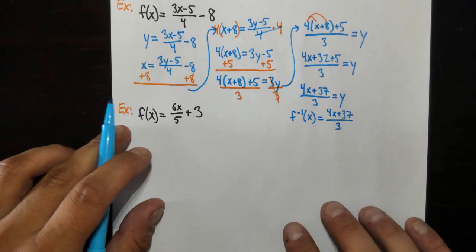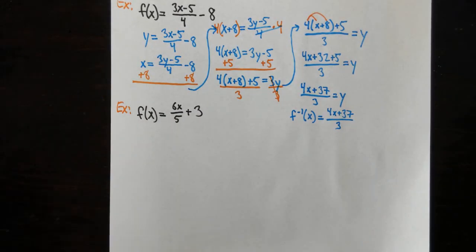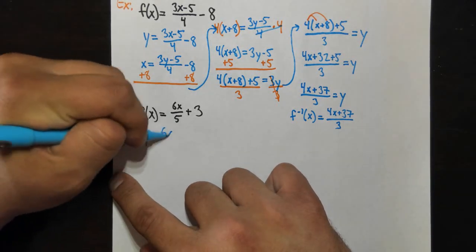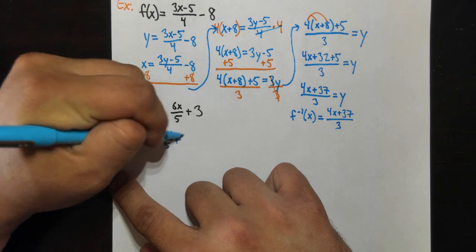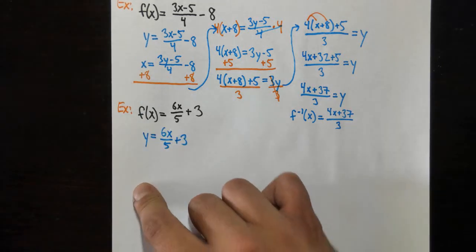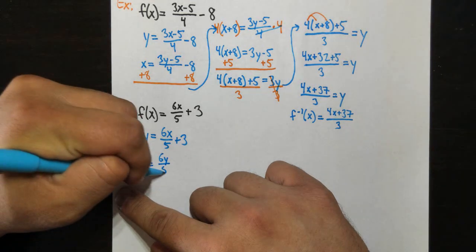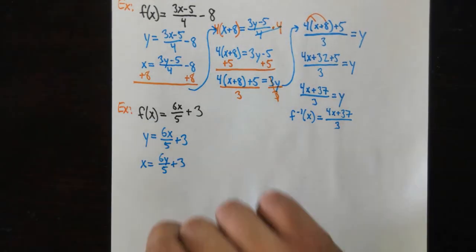Finally, looking at this last one, again, turn f of x into y. And then switch the variables. And then solve for our new y.